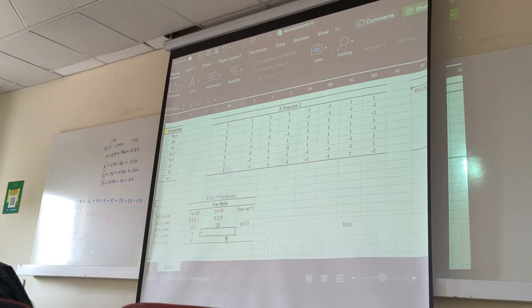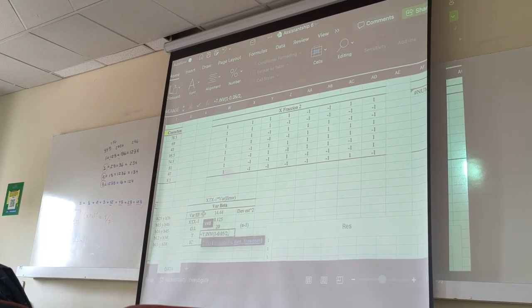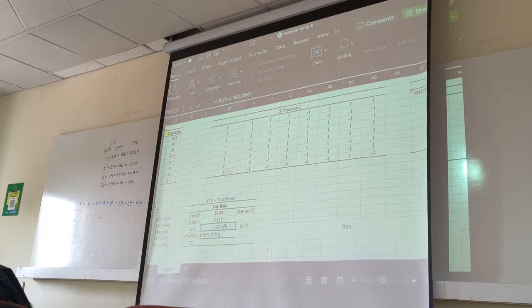The value of t will be t of 1 less alpha over 2, with the degree of freedom for the pure error. Remember, always to have the pure error, use the pure error, not the residuals. Okay?